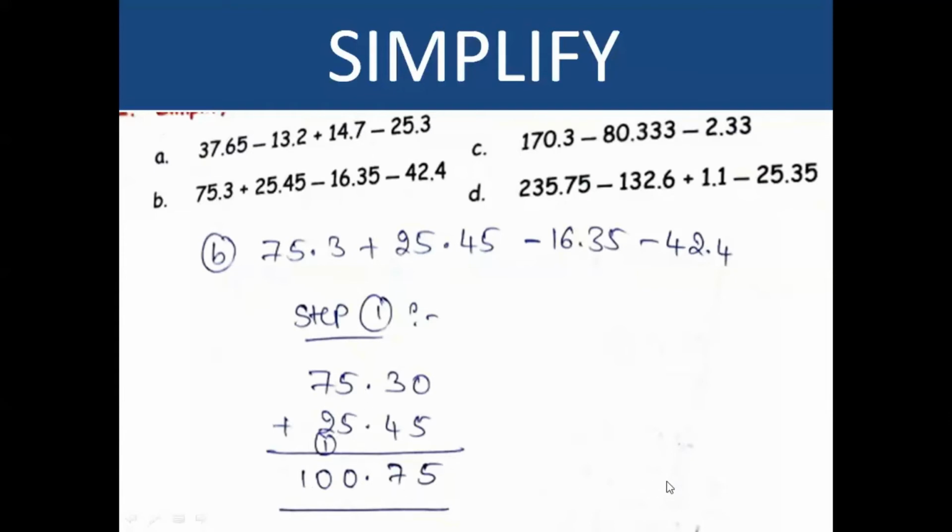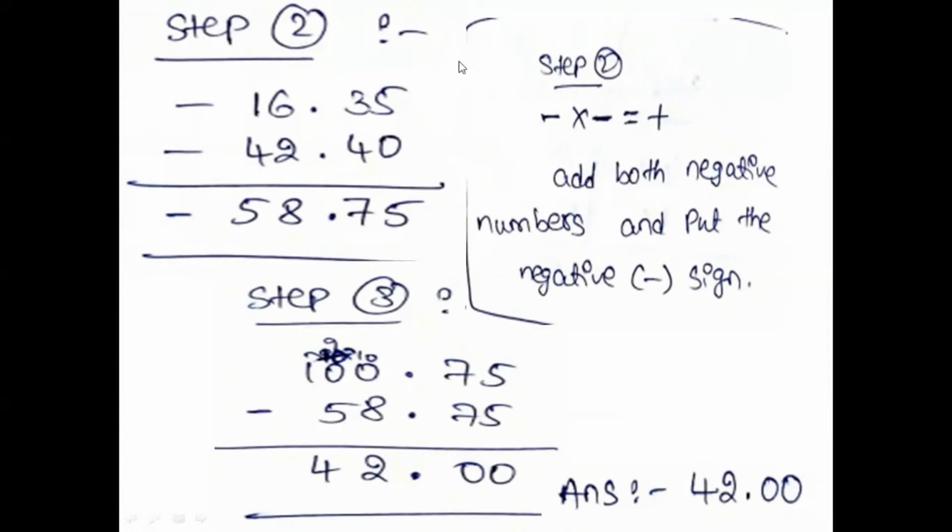100.75. Step 2. Now both subtractions. 16.35 minus 42.40. See here, minus into minus how much? Equal to plus. Add both negative numbers and put the negative sign. We have to add.